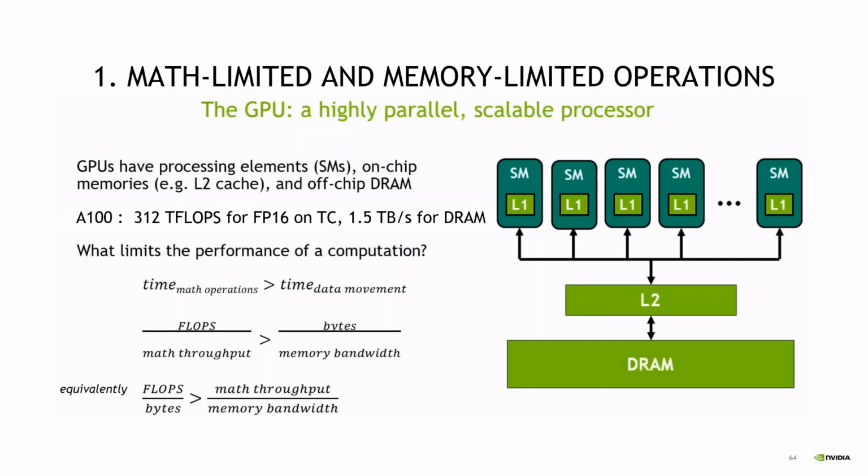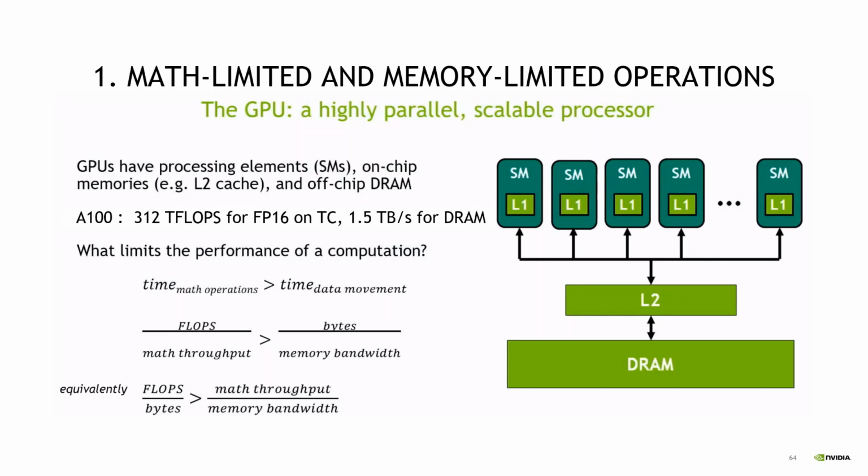Otherwise, it's memory bound. For A100, the throughput and bandwidth numbers are presented on the slide. We have 312 teraflops of compute power for TensorCores in FP16 mode, and 1.5 terabytes per second of bandwidth for DRAM. And for TensorCores, it's good for an operation to be math bound, math limited.